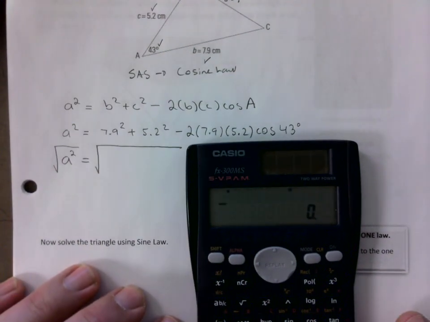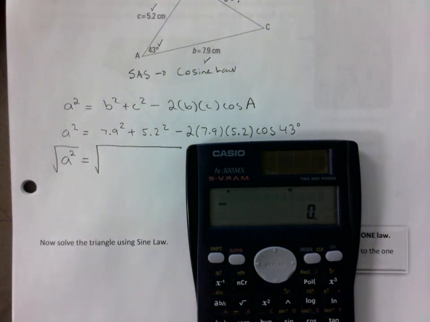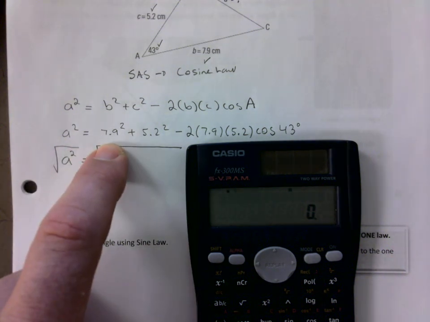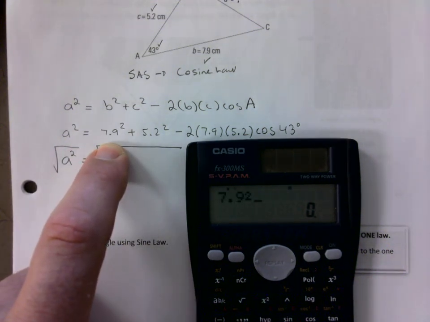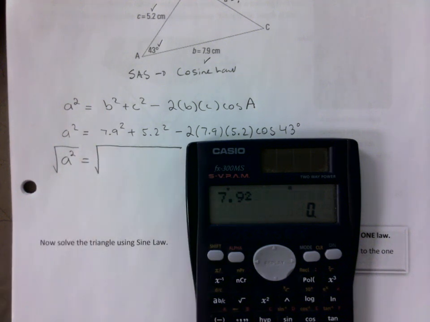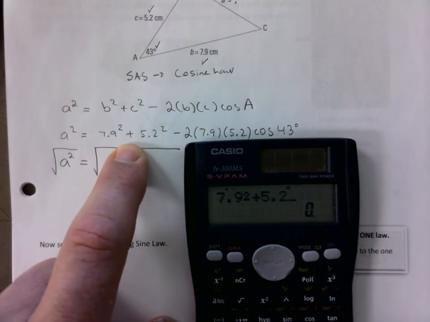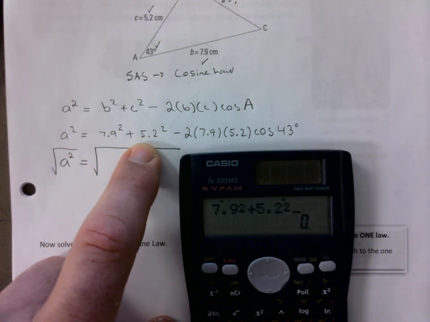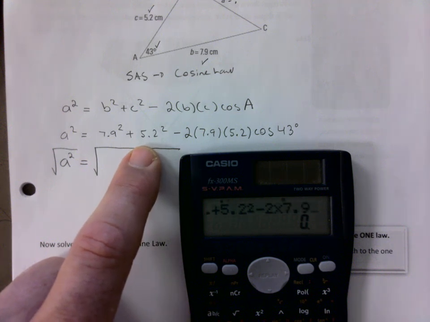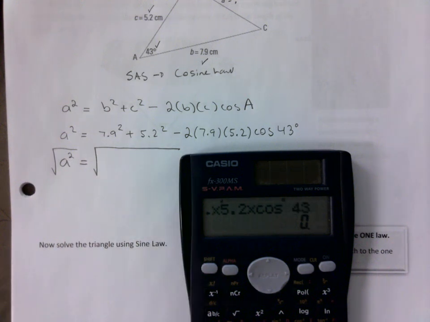So let's practice this. You should practice this with your calculator. So I'm going to go 7.9 x2. I have an x2 button. If you don't, figure out a way to raise it to the power of 2. Plus 5.2 x2 minus 2 times 7.9 times 5.2 times cosine of 43. So I typed everything in one shot.